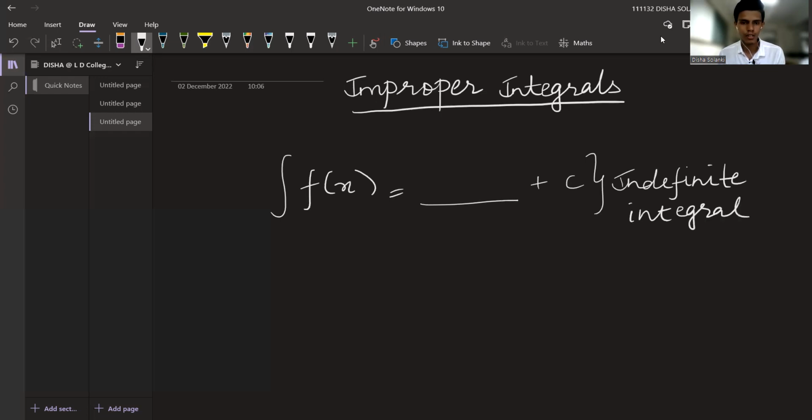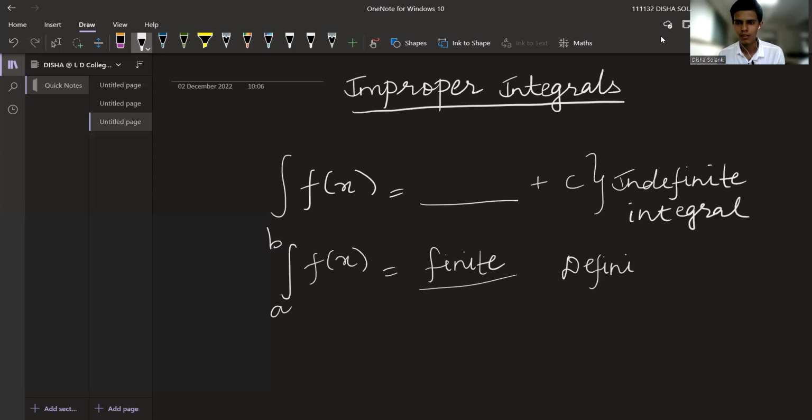Now in the same function, if we put some limits, let us say that this function is integrated from limit a to limit b, then we get a finite answer here. So this is called a definite integral.